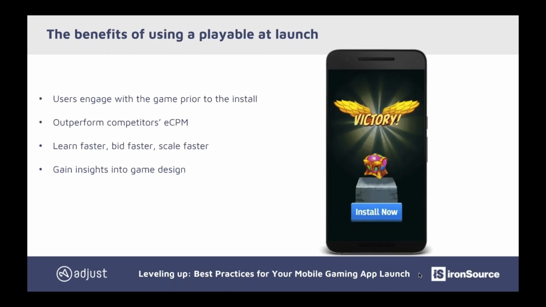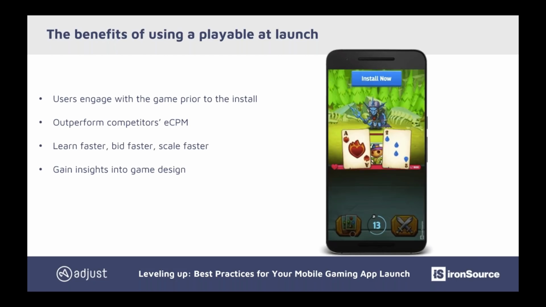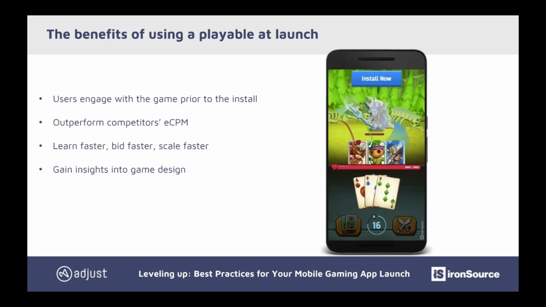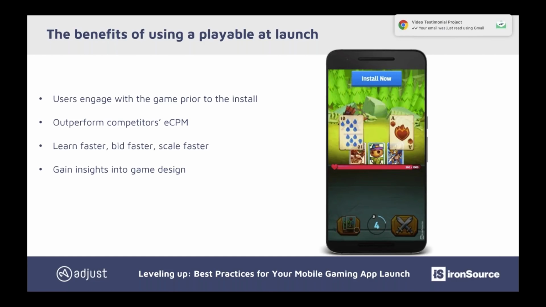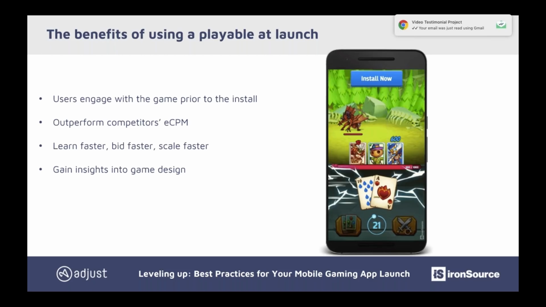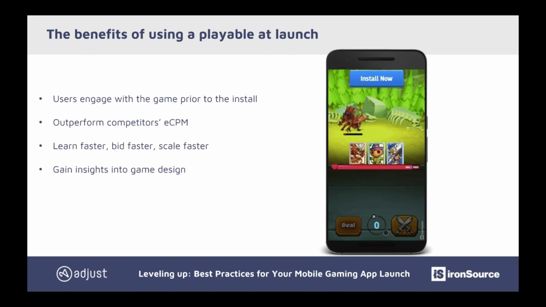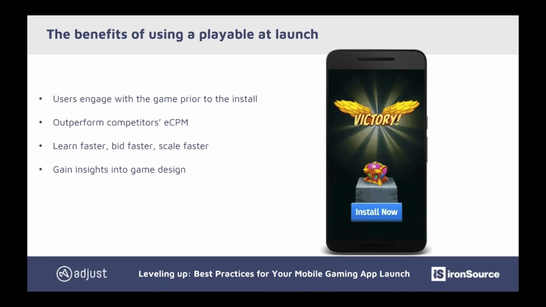On the next slide, I think the pros of using interactive ads or playable ads are pretty clear. But basically, what's interesting here is that it's really aligned with this soft launch strategy. You want users who, when they download the app, know what they're getting, and in this case, they're really engaging with the game and finishing the tutorial before they even install it.